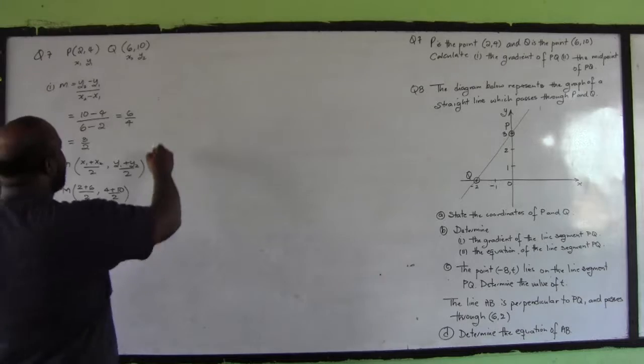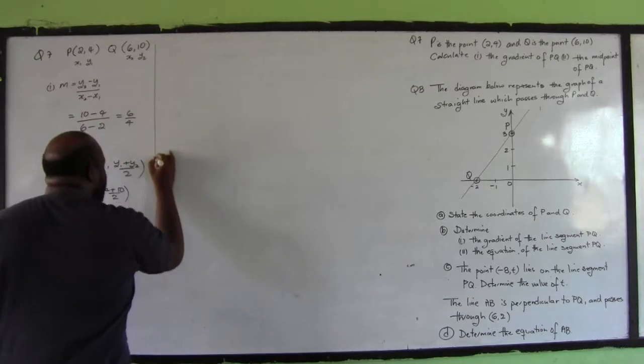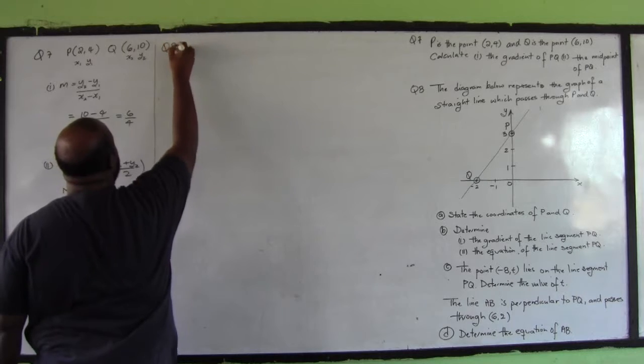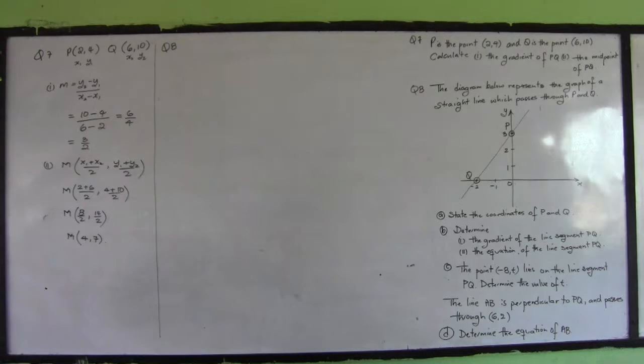Alright, let's have a look at question number 8. Question 8 says the diagram below represents the graph of the straight line which passes through P and Q. In this question you're not given the coordinates of the 2 points. You're given a graph that shows the 2 points.